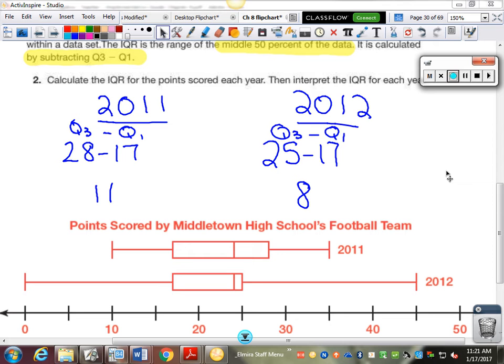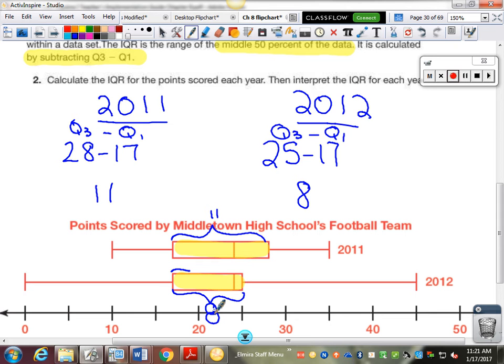If we only look at the size of this box, this is an 11-point difference. This is an 8-point difference.